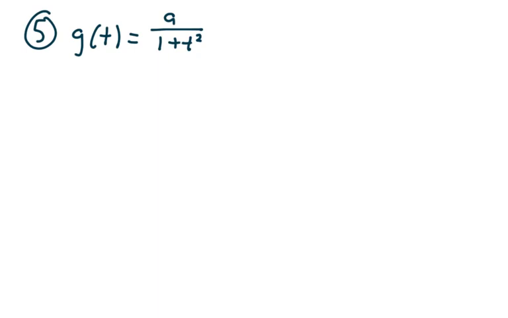If we take a look at problem 5, g of t is 9 over 1 plus t squared, and the interval here is 0 to 2. And so we're going to look at the average value of g, and that's 1 over 2 minus 0, right?